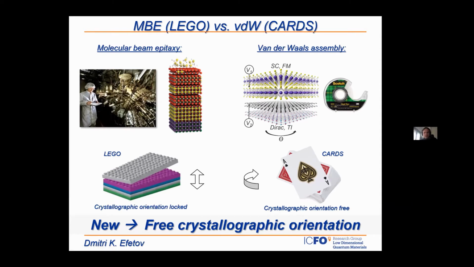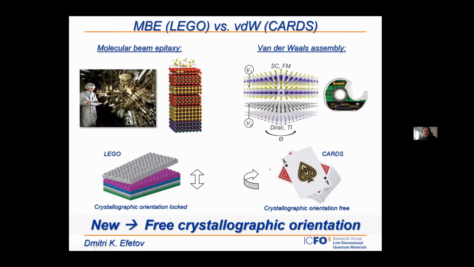When you change the atomic species, you can assemble a different species of atomic layers, one on top of another. However, because you start with single atoms, these layers assemble in the given crystallographic orientation, which they inherit from the underlying parent substrate. Therefore, all layers grow in the same crystallographic orientation, and the crystallographic orientation is locked.